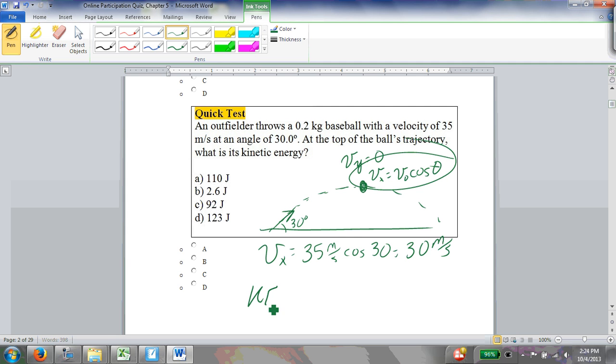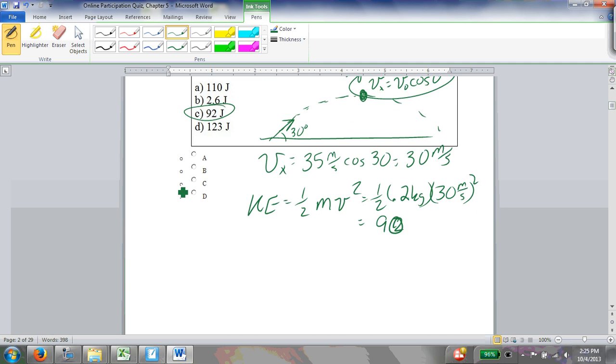And so the kinetic energy is 1/2 m v squared. The mass is 0.2 kilogram. It's 0.1 times 900. It's going to be 92. I must have kept more sig figs along the way. So 92 joules. Or I come up with 90 here, but the way I came up with 92 is, let me just show you.